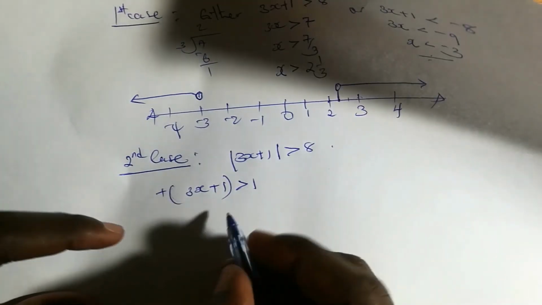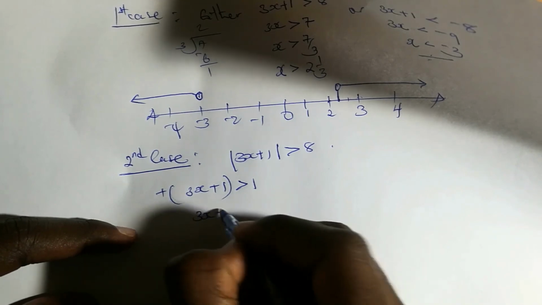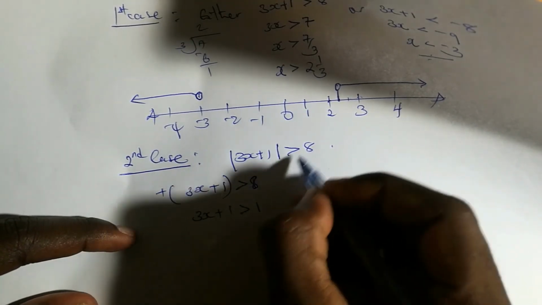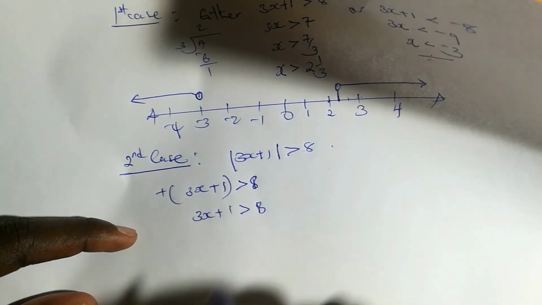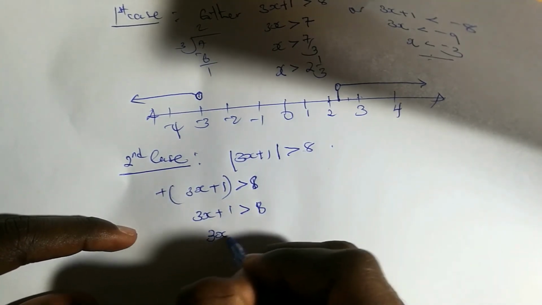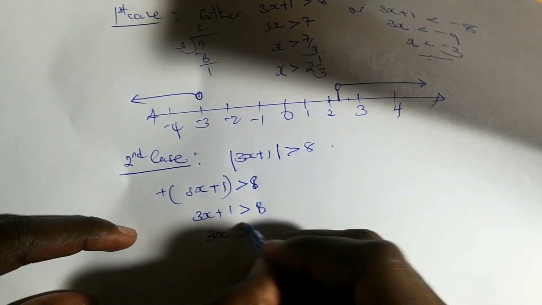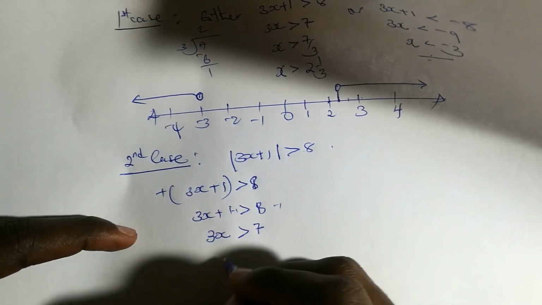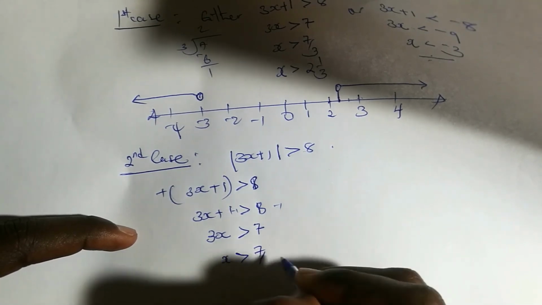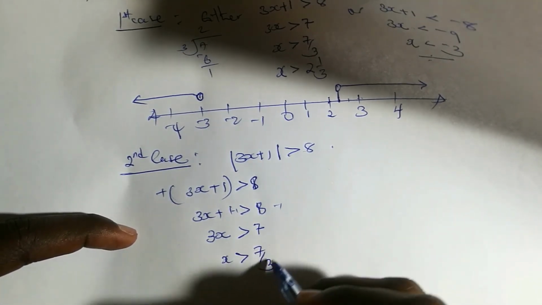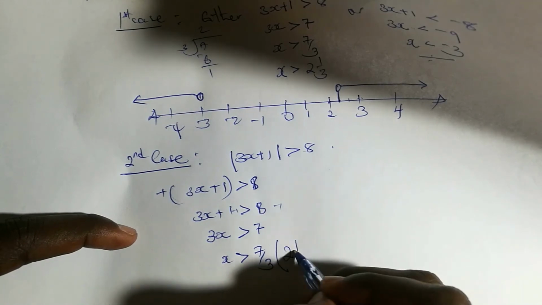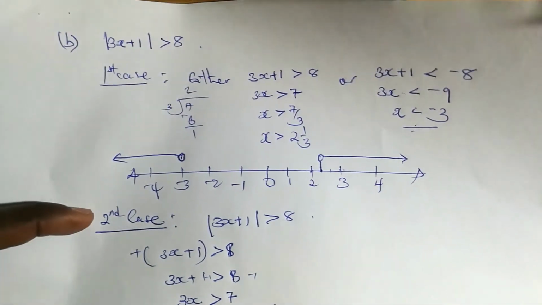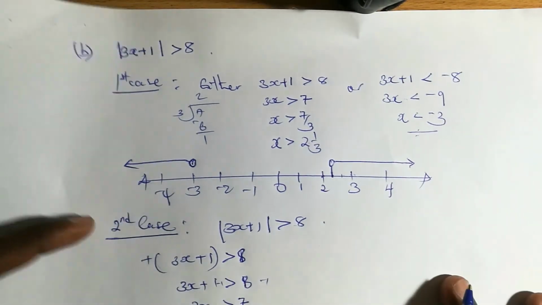So that we open that, we see it remains the same thing like that. So that we have 3x greater than 7. We subtract 1 here to remove it. We do the same on the other side, so that we have x greater than 7 out of 3, which we saw as 2 and 1 out of 3 from up here. Up there, that's shaded there.